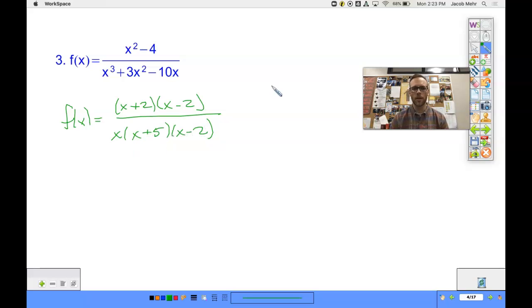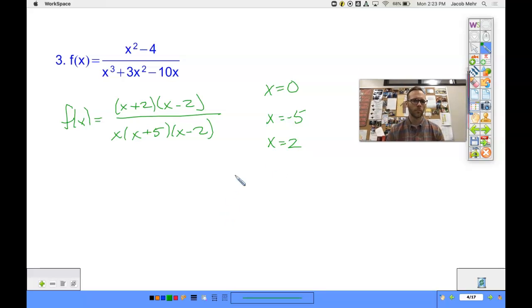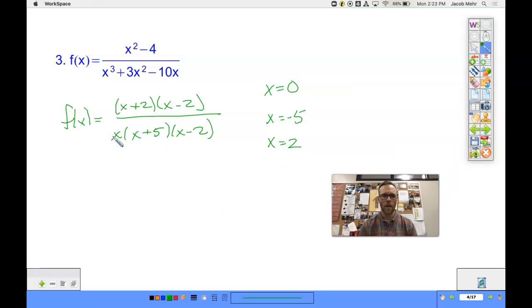So this has 3 places that make the denominator 0. All right. How about x equals 0? It does not have anything to cancel out with the numerator, so this is a vertical asymptote.